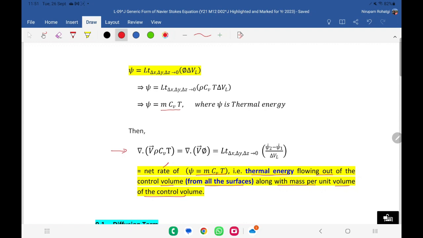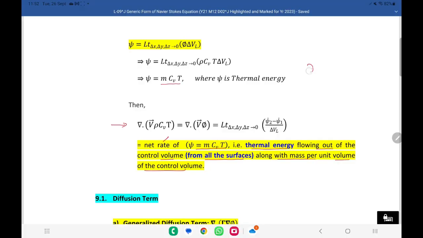When it is only del phi by del t, it talks about the accumulation term. But when you talk about del u phi by del x, it is talking about the advection term. Now after this we will talk about the diffusion term. So we will stop here, and the diffusion term we will do in the next class.